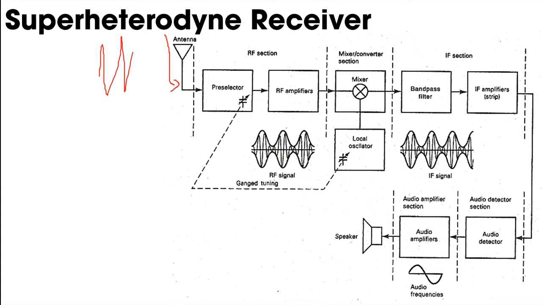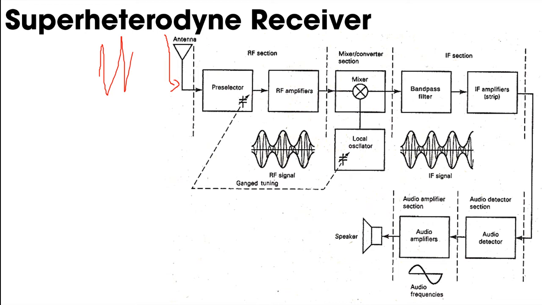And then the mixer or converter section converted our RF wave into intermediate frequency, which then passed through our bandpass filter to isolate the specific signal that we are concerned with. And then we further amplified this intermediate frequency through these IF amplifiers.